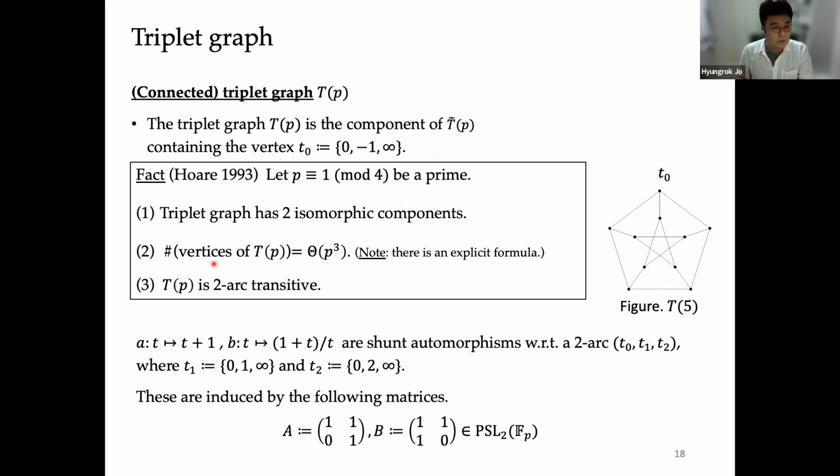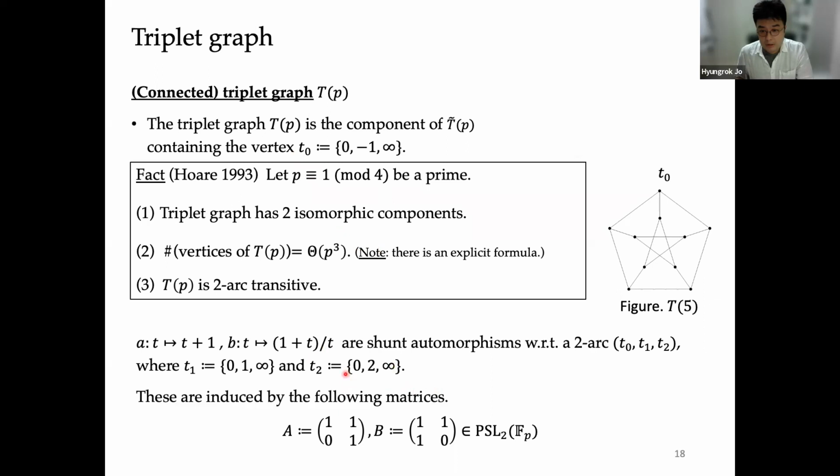And the number of these vertices is approximately P to the third. And this TP is 2-arc-transitive. So in the figure, this is also the Petersen graph. And if we choose P equal to 5, then we have 2 isomorphic components, but we only consider the one component containing this vertex T0.